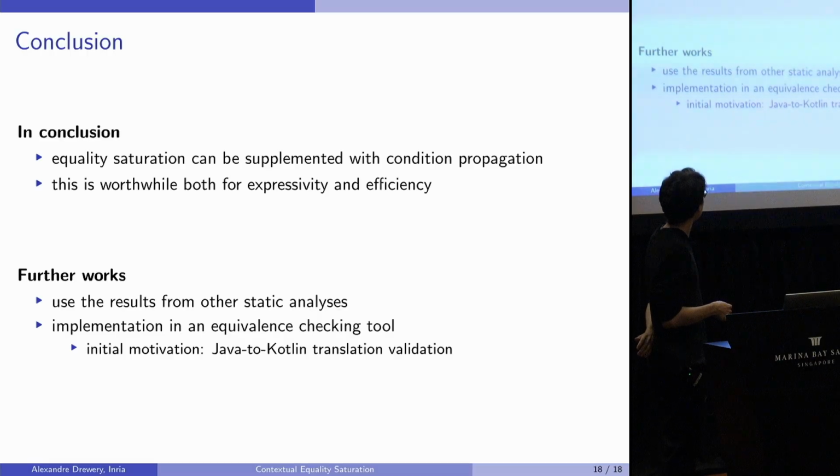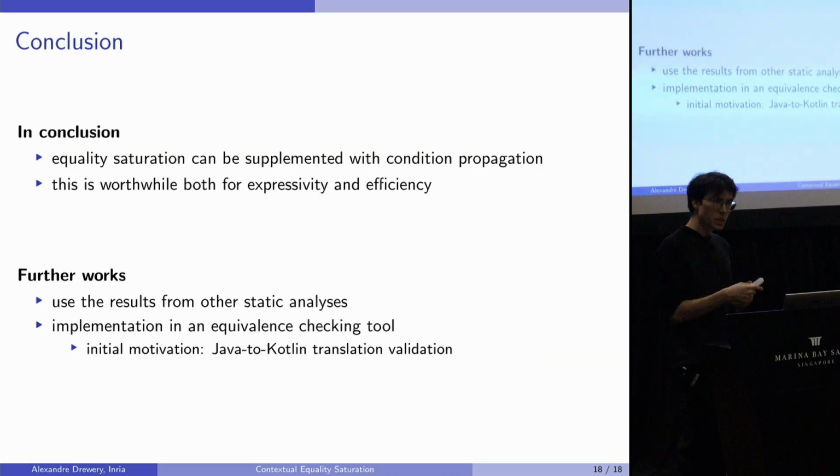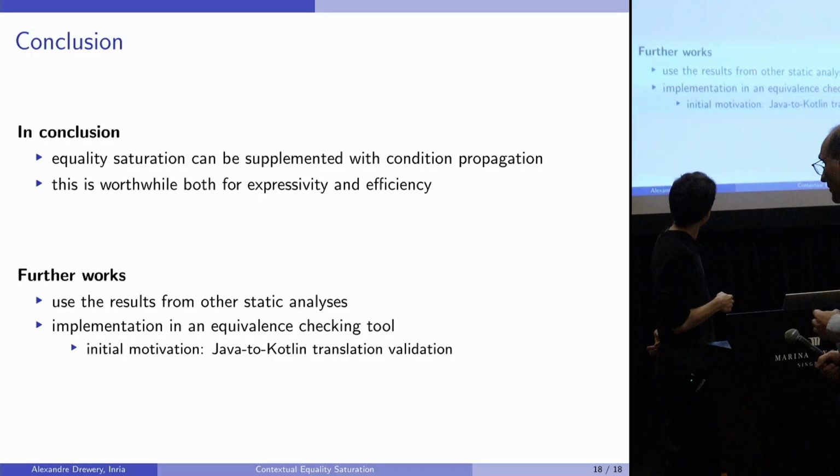So in conclusion, we supplemented equality saturation with information from conditional propagation analysis, and we found it worthwhile for both expressivity, what you can say with your rule set, and efficiency. So there are future works possible on both these axes.